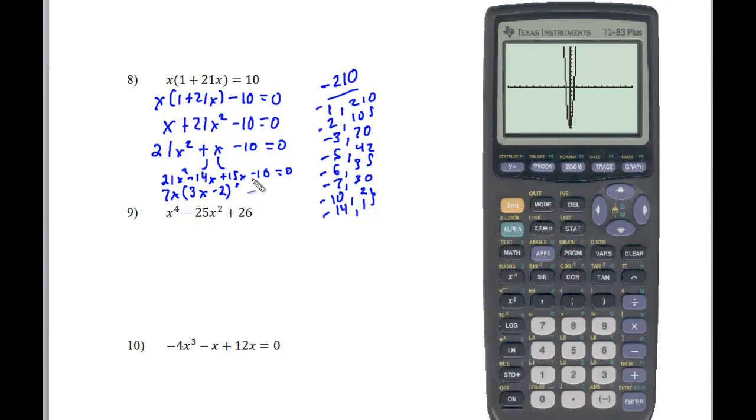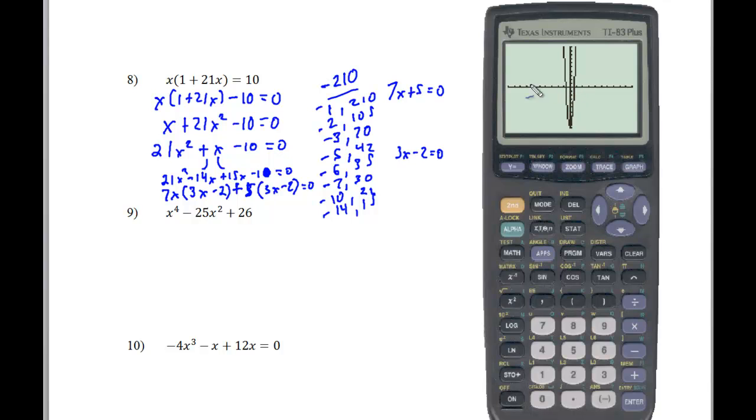And then we're going to factor out of these next two terms, the 15 and the 10 here, a positive 5, not 3, which is going to give me 3x minus 2 equals 0. And now our two answers are going to be 7x plus 5 equals 0, and 3x minus 2 equals 0.